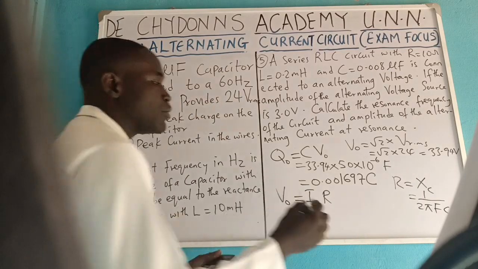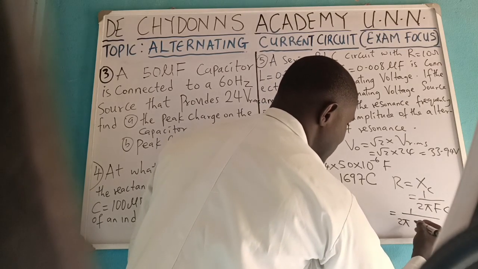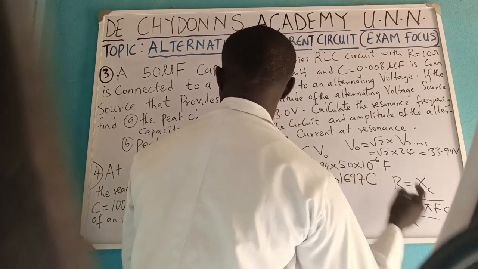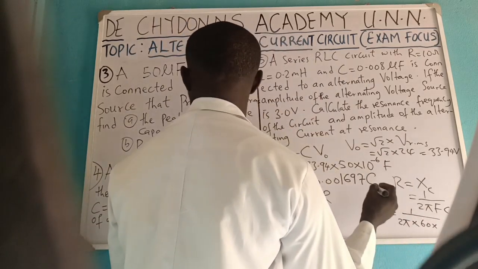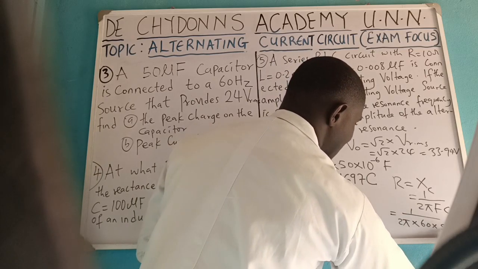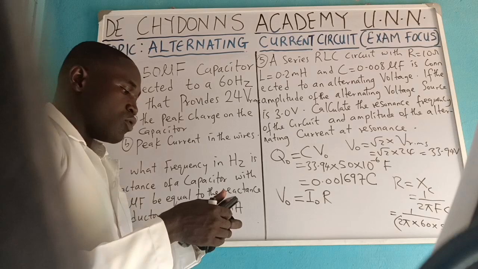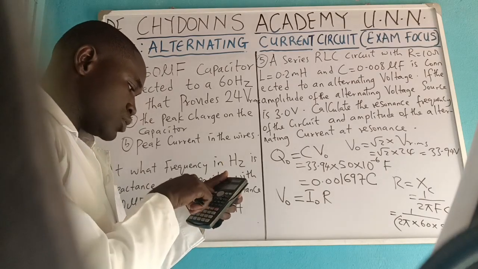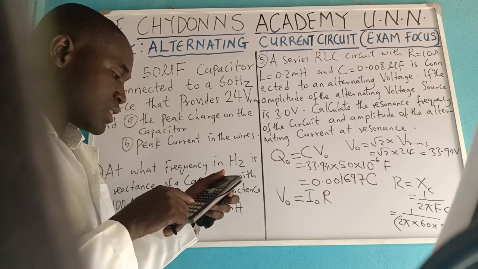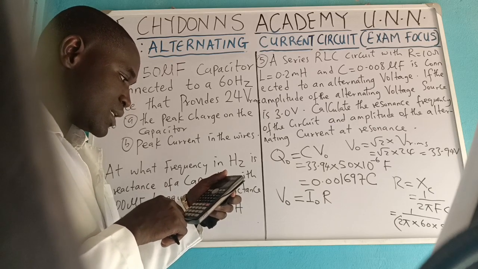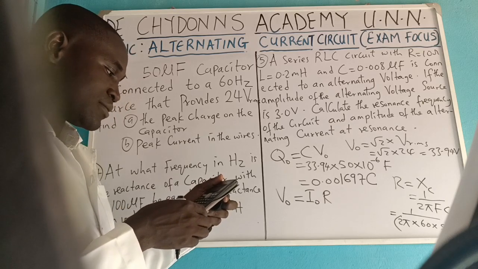So how do we compute it? We'll say 1 over 2 pi times F, which is the frequency, 60, times C, which is 50 times 10 raised to the power minus 6. So press 2 shift pi times 50 times 60 times 10 raised to the power minus 6.